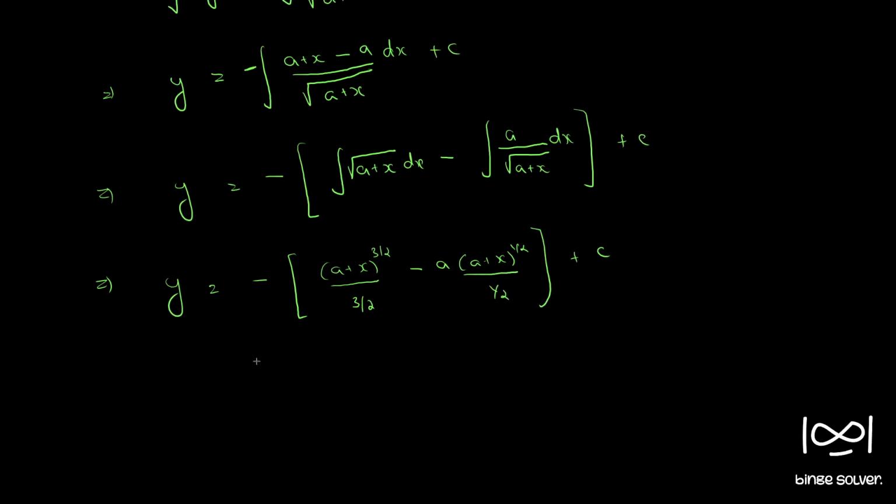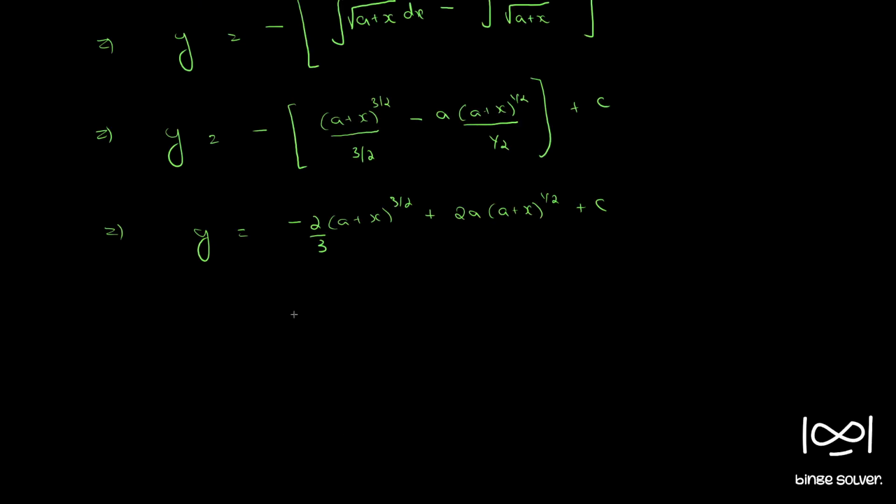Simplifying, we get y equal to minus 2 by 3 (a + x) raised to 3 by 2 plus 2a into (a + x) raised to 1 by 2 plus c.